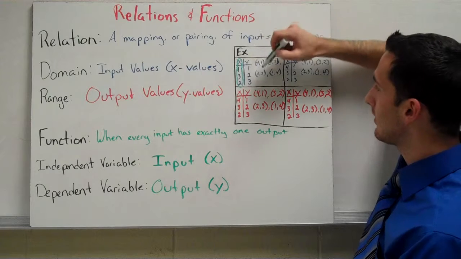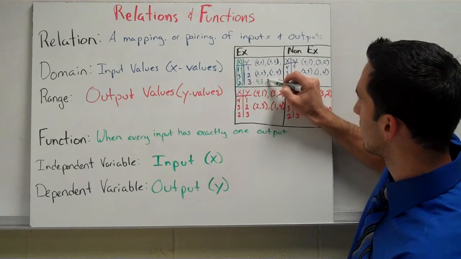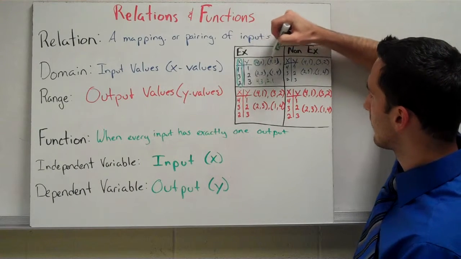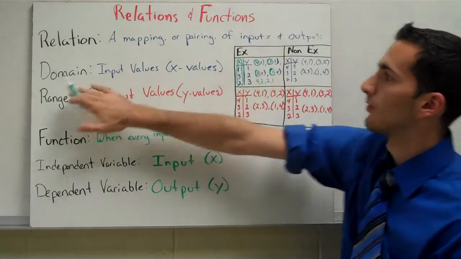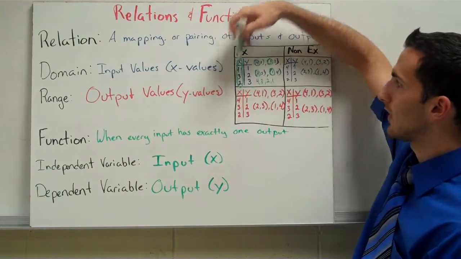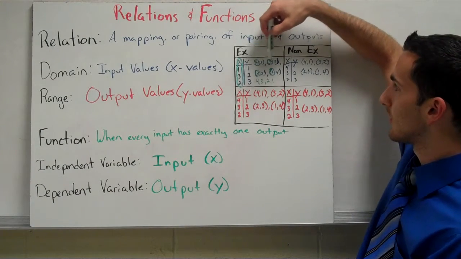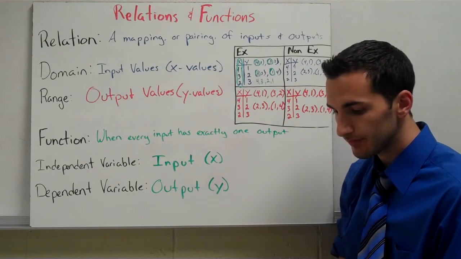Our domain here would be 4, 3, 2, 1, because our x values are our domain. So domain is our input values, our x values. In an xy table, that's going to be on the left. In coordinates, again, that's going to be on the left. Those are our x values, which will be our domain.